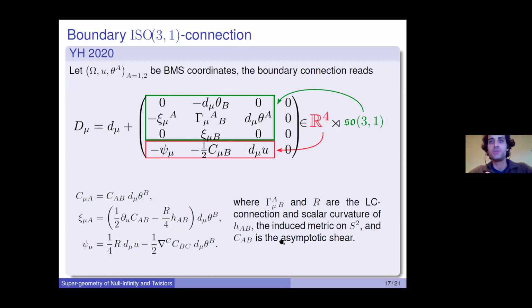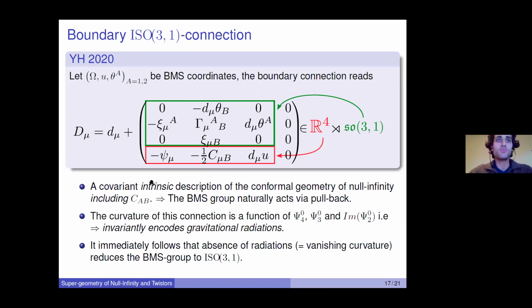We've been discussing this a few times during these two days. It also enters this connection. You see it's non-trivial because here it's without derivatives, but in this psi, it enters with derivatives. So the statement is that this Poincare connection at the boundary, here I chose coordinates, but it's an intrinsic description of the geometry of null-infinity, including this asymptotic shear.